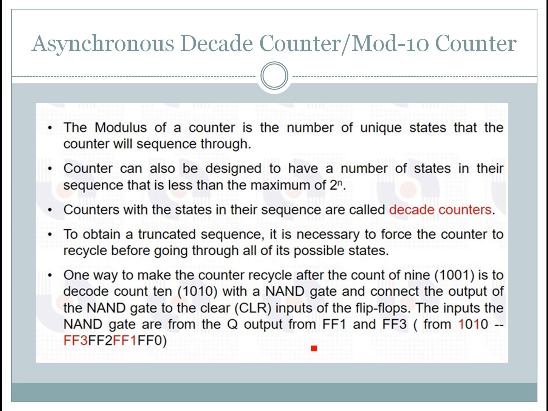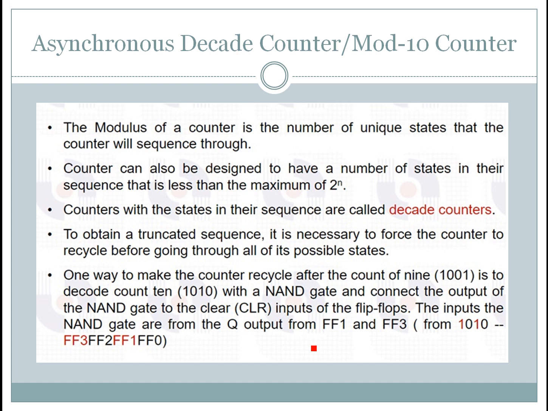For example, if I consider the mod 6 counter, it has to count from 0 to 5. The next state 6 should not count, so the next count should be 0 only. So that is the meaning of the mod counter.